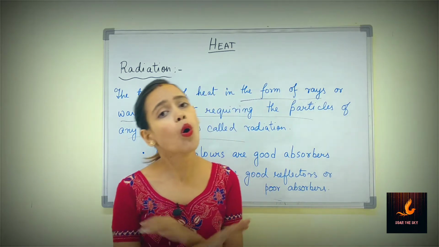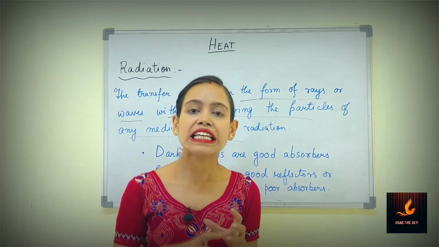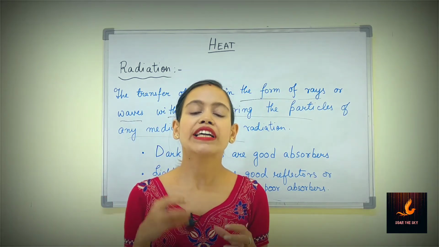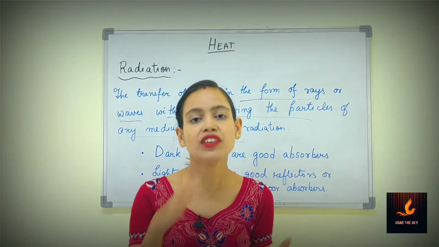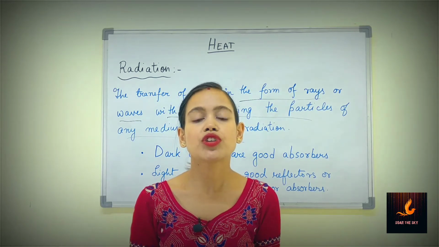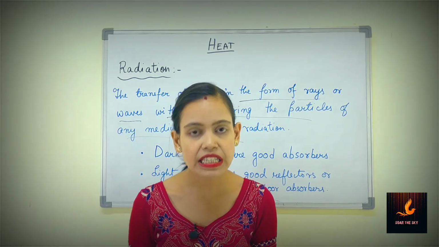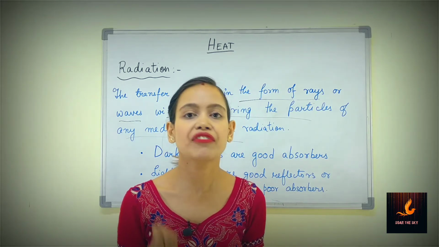Okay, now all hot objects radiate heat. When heat falls on any object, a part of it gets absorbed and the rest of it is reflected back. How much an object would radiate out heat depends on several factors. I can name a few of them.